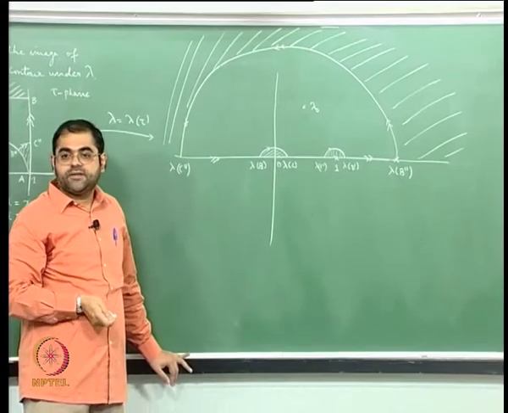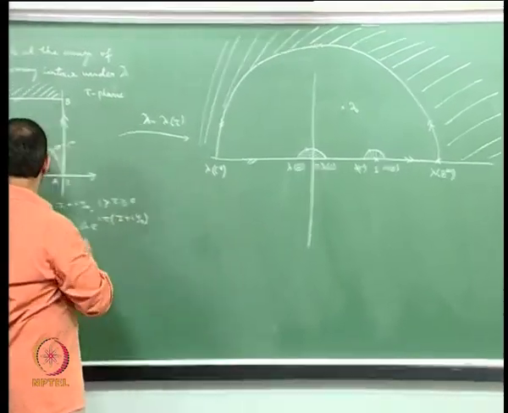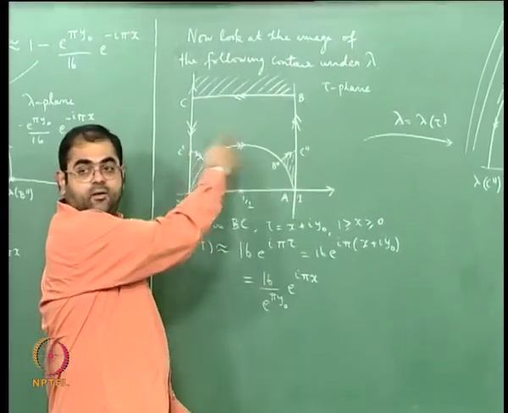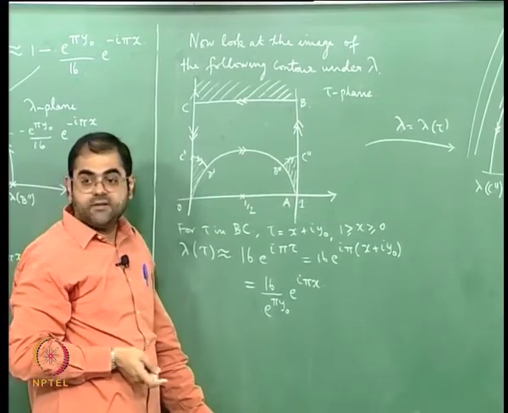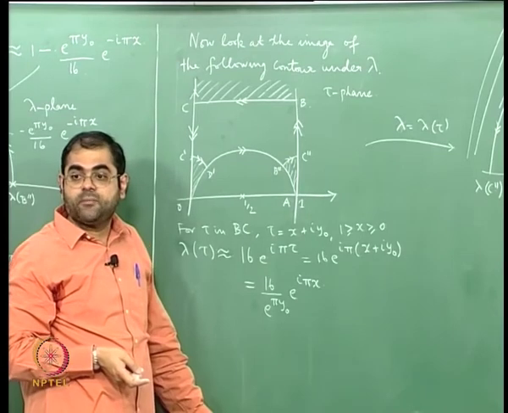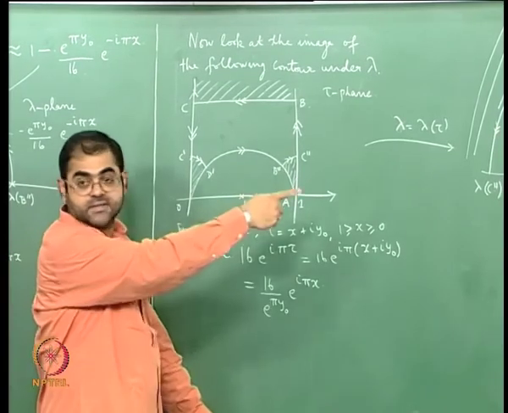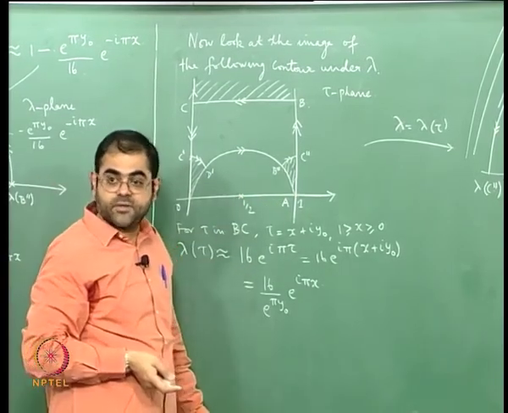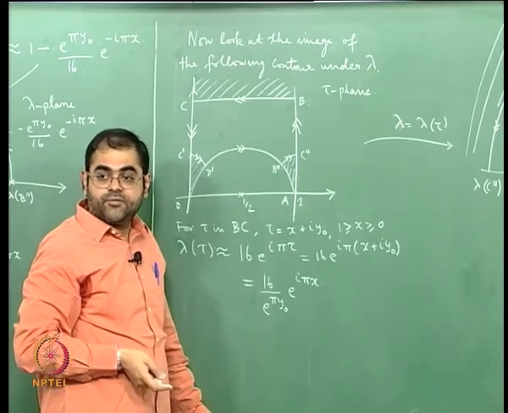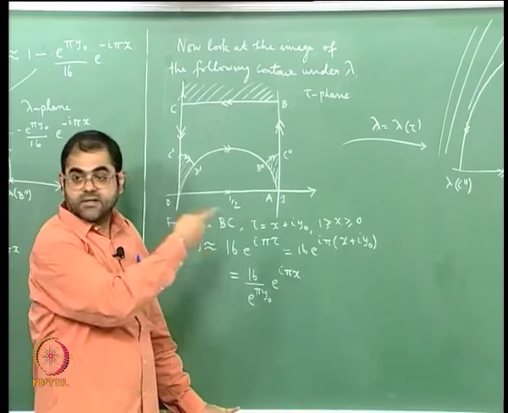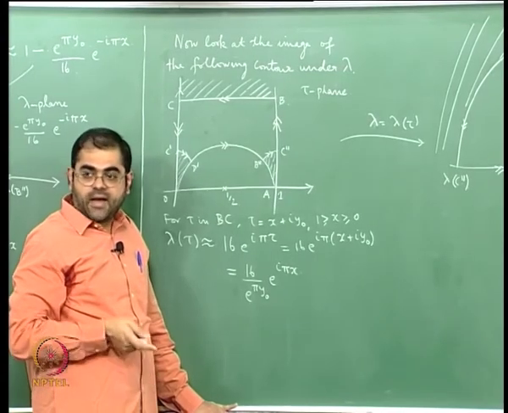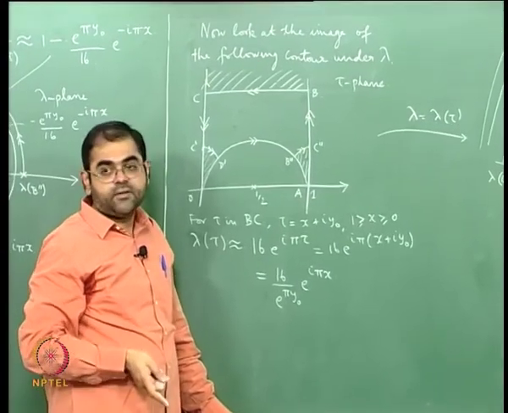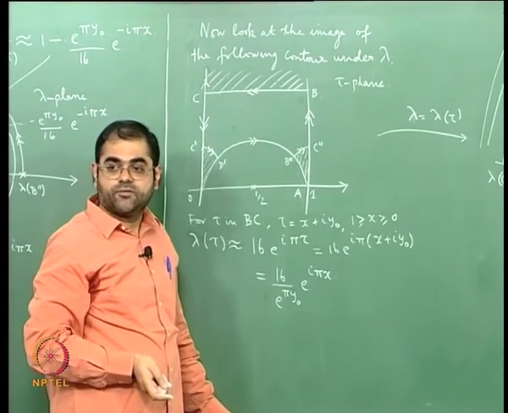The monotonicity is because, except for the points 0 and 1, at all other points lambda is analytic, and if the derivative vanished, the mapping would not be conformal and you would never be able to get a semicircular neighborhood in the image. So this argument proves that lambda takes every value in the upper half plane precisely once, and lambda on the boundary is monotonic. So that proves the theorem.